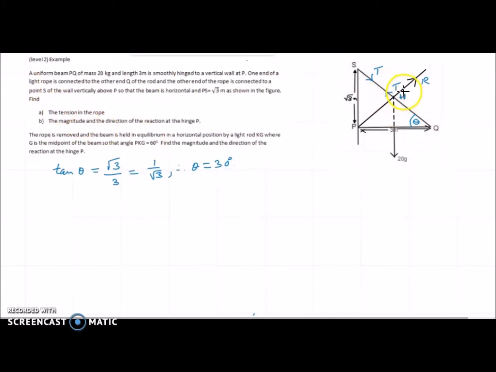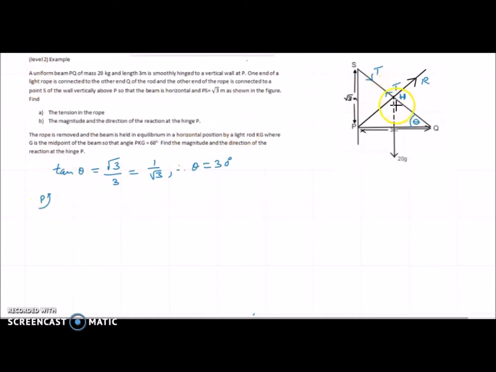Now these 3 forces are in equilibrium. So we can write that the algebraic sum of the moments of the forces about any point in the plane is equal to 0. We can take moments about P. We take this direction as the positive direction.